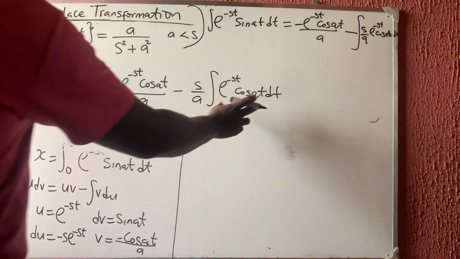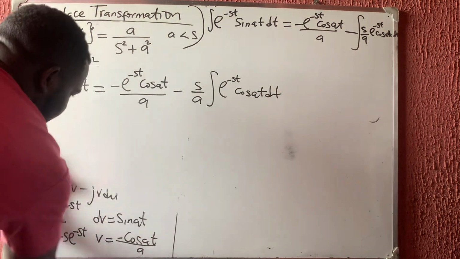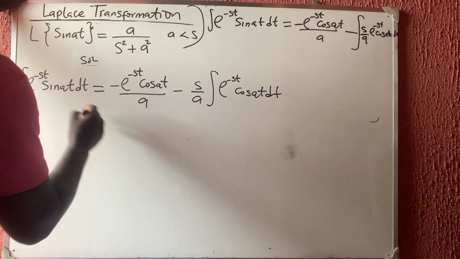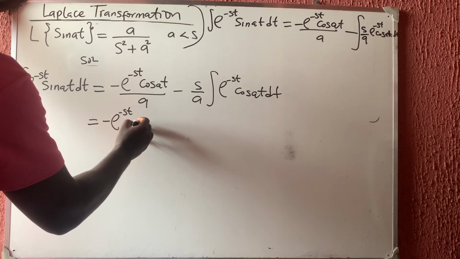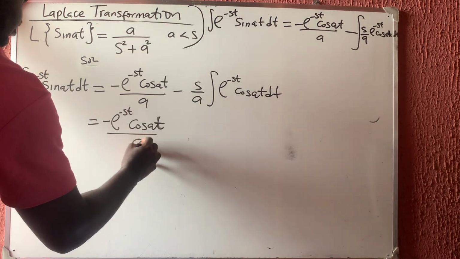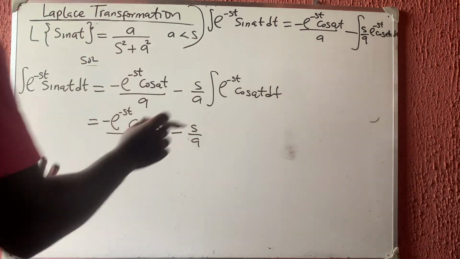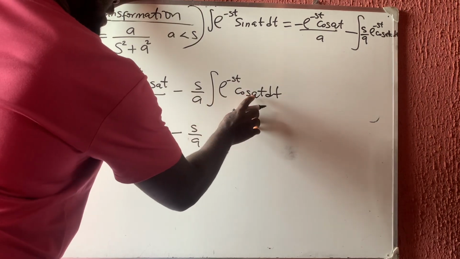Now this is another integration by parts, so let us quickly do that. This is the same thing as minus e raised to power minus st cos at over a, then minus s over a. If we come to this place, we are going to say that this is u again and this is dv.